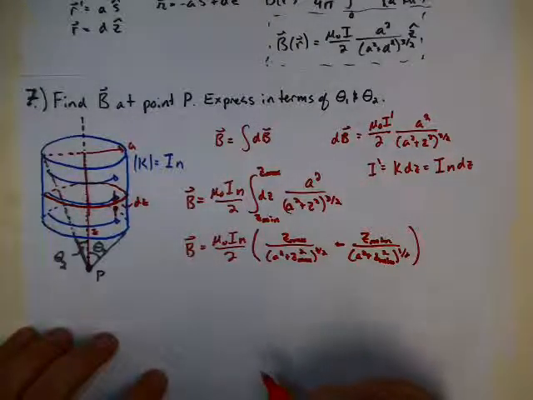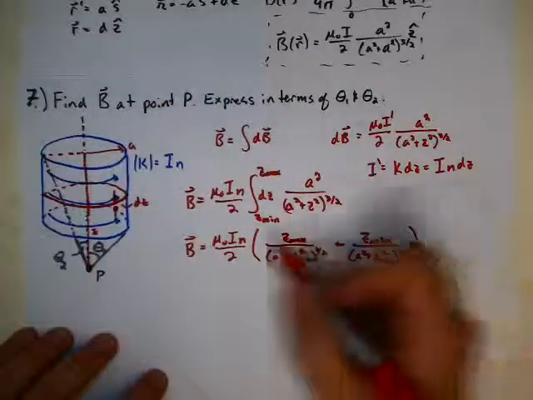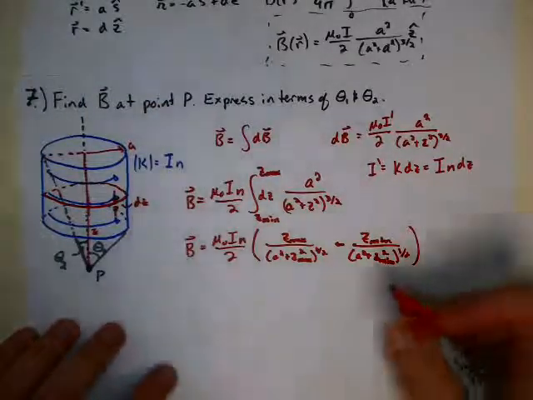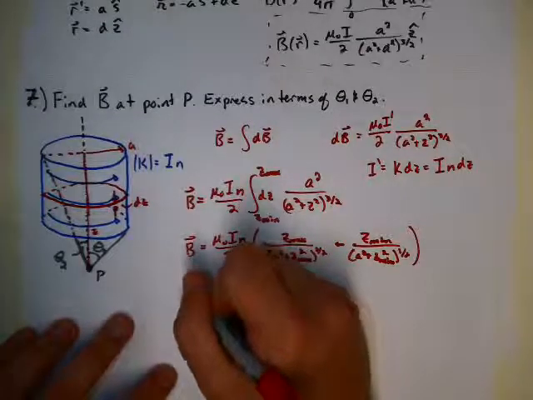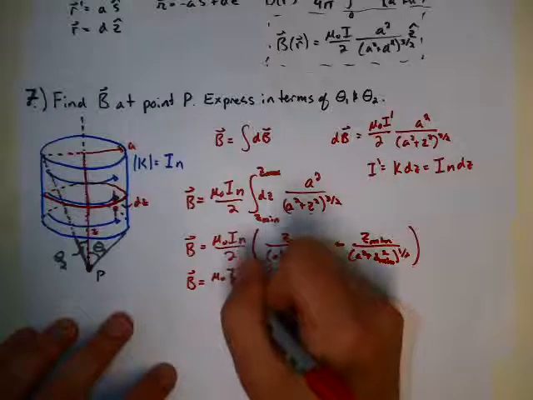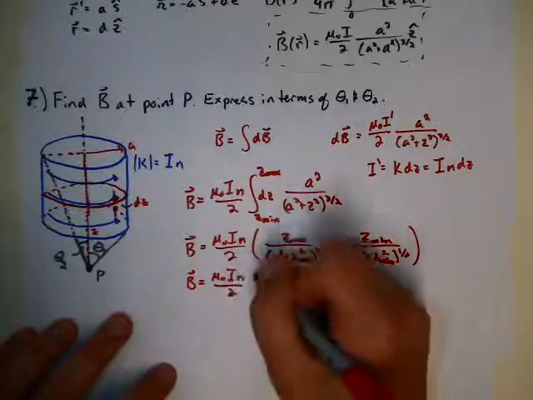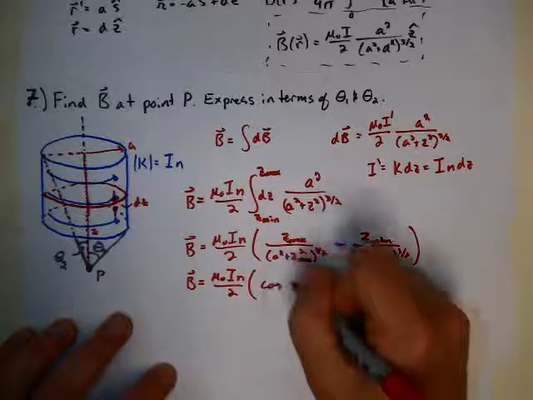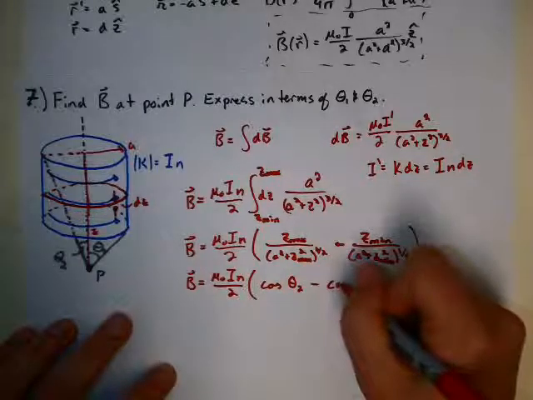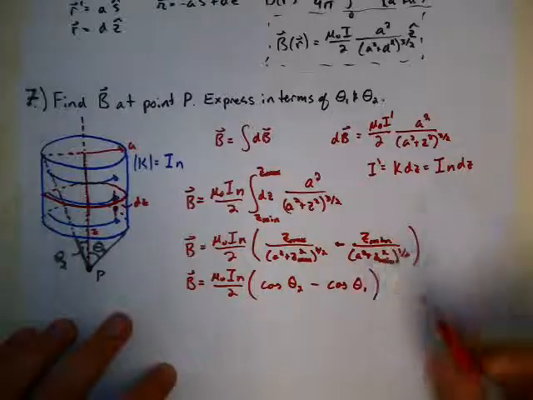Sine? Nope, that's not z max, that's a over this. This is adjacent over the hypotenuse, is the cosine. Good, should have been the cosine. And so writing this in terms of these angles, I find that this B is equal to mu naught I n over 2 times cosine of theta 2 minus cosine of theta 1.